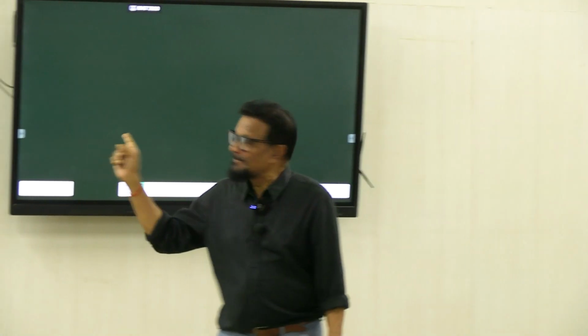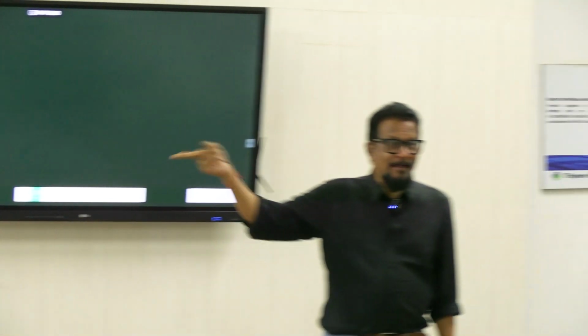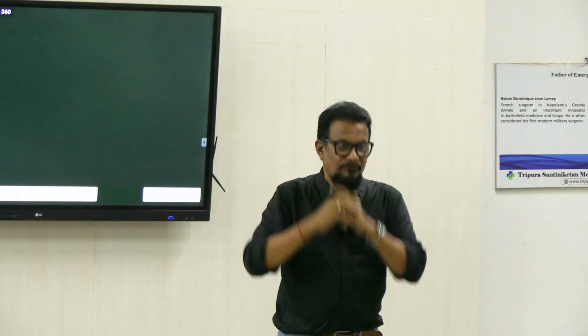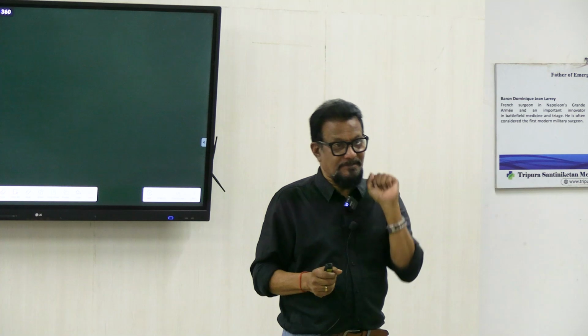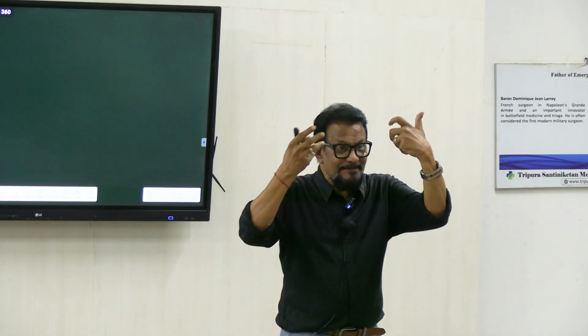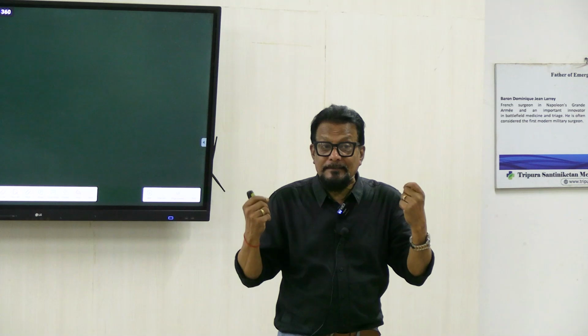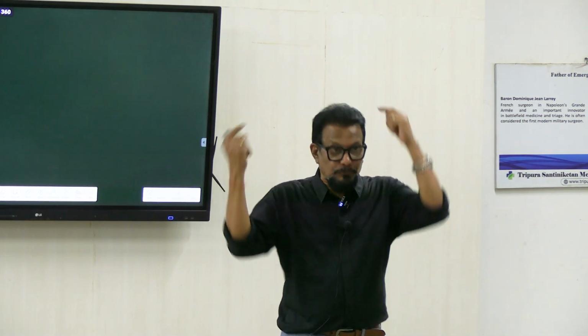So what are buffer nerves? These two nerves, one is the aortic nerve and another is the Hering nerve. These two are called buffer nerves. They are important in regulating blood pressure. When blood pressure is increased, what happens? Baroreceptors become stimulated and the impulse from the baroreceptor comes to the brain through these two nerves.